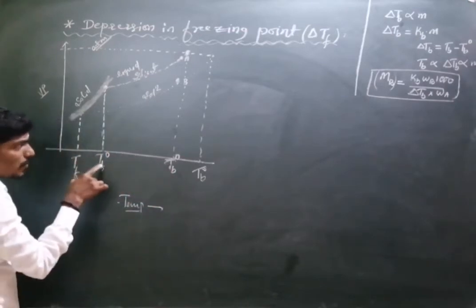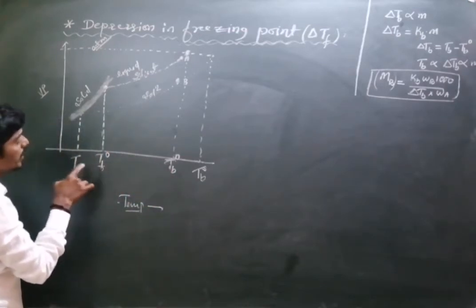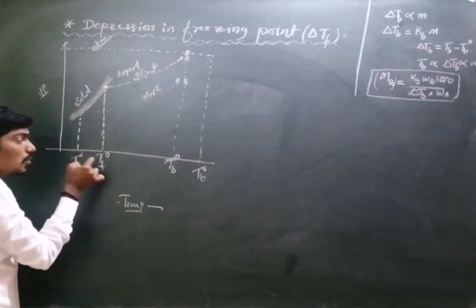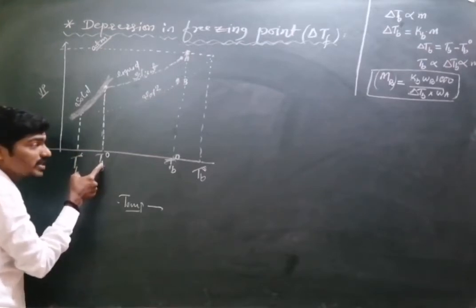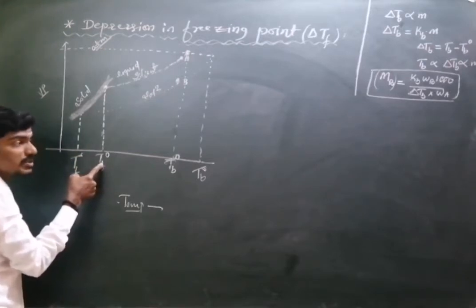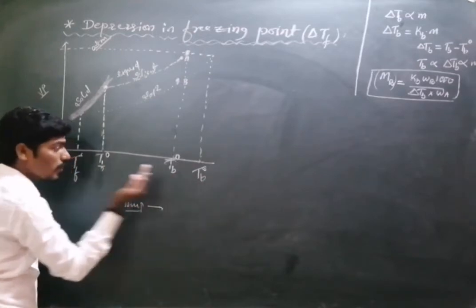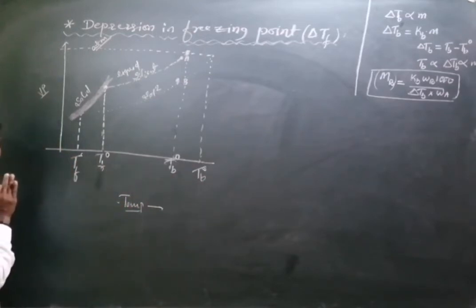The freezing point of the solution is lower than the freezing point of the solvent. Look at this, this is the difference between elevation in boiling point and depression in freezing point.